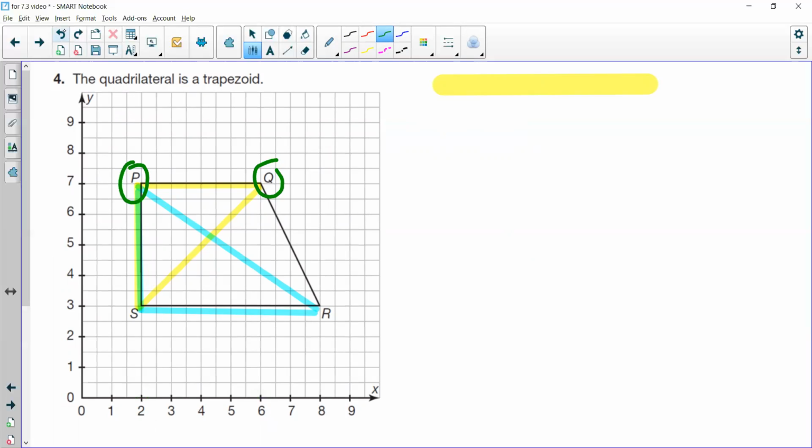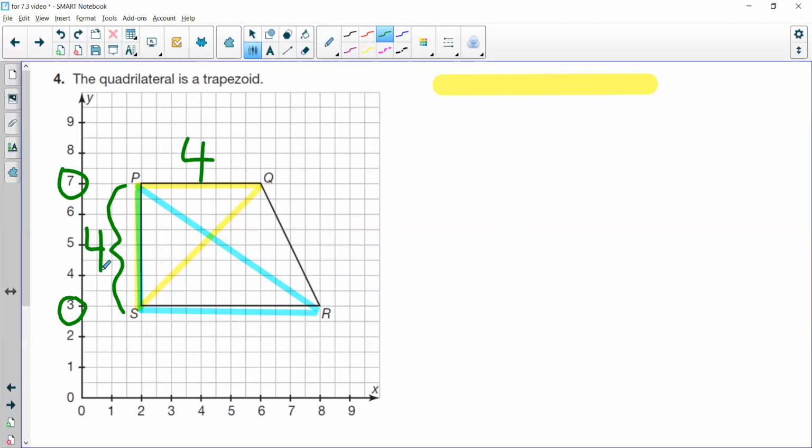That means that this side has a length of 4. This side goes from 3 to 7, so it also has a length of 4.